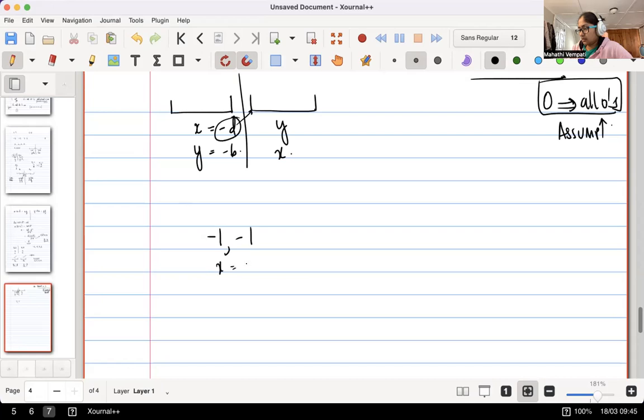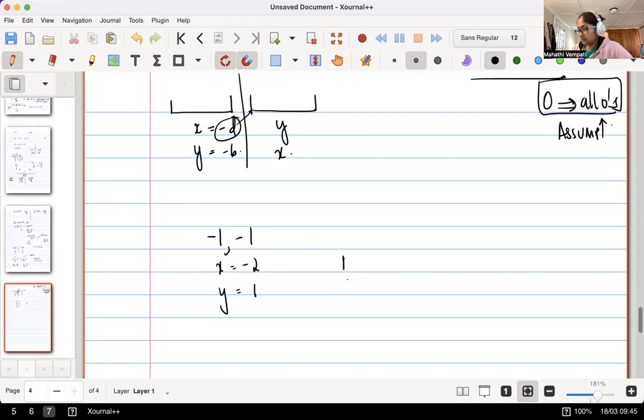Sum is minus 2, product is 1. So this sum is 1, equal to minus b.